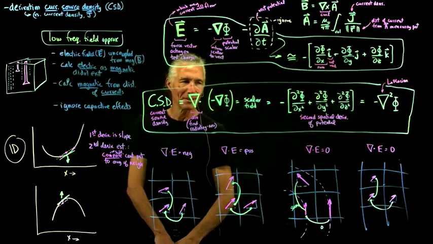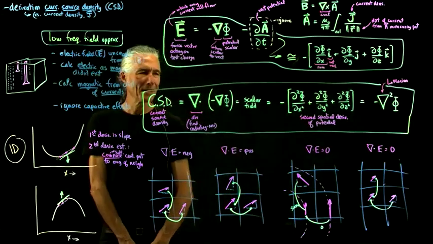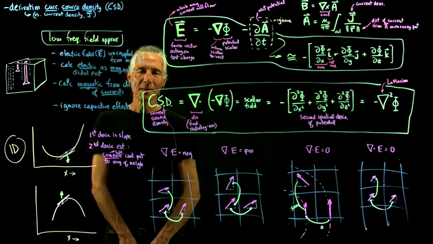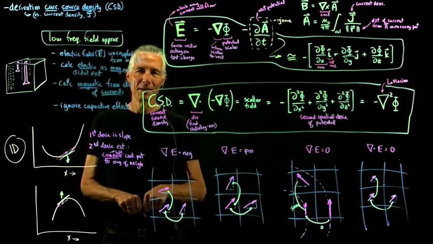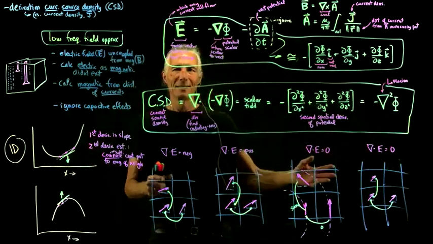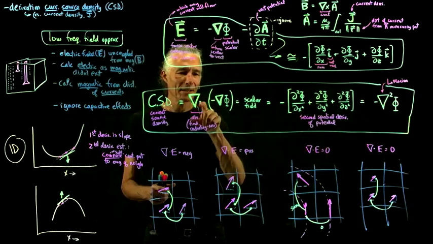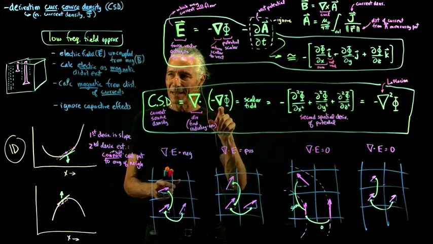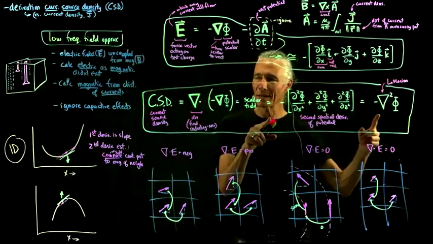Okay, so that's the current source density. Let's stop for a second and see if there are any questions about it. What it is, is a way of measuring the ground truth of where the current came from and where it went to. And the way we measure it, you don't even have to mess with this divergence stuff down here, because once we do the divergence calculation on this gradient, we end up with the simple spatial second derivative, which doesn't have any vectors in it.